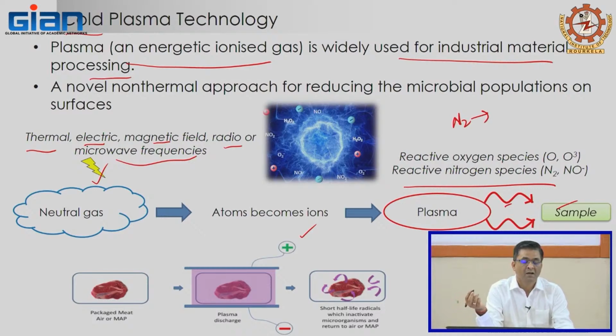Now in a lot of studies, if you see, it says 10 kV plasma, this is the inactivation, 20 kV, this is the inactivation. Technically it is correct, but scientifically it is not correct. 2 grams of poison can kill me, 3 grams of poison can also kill me, right?